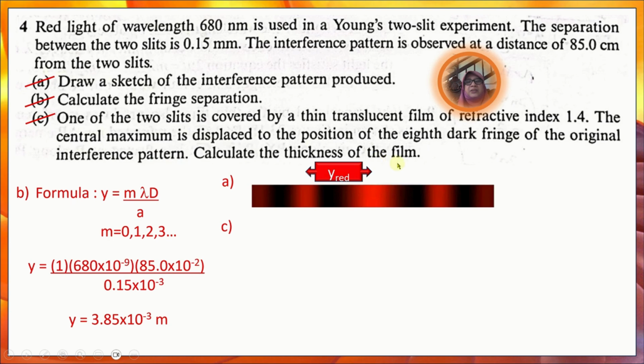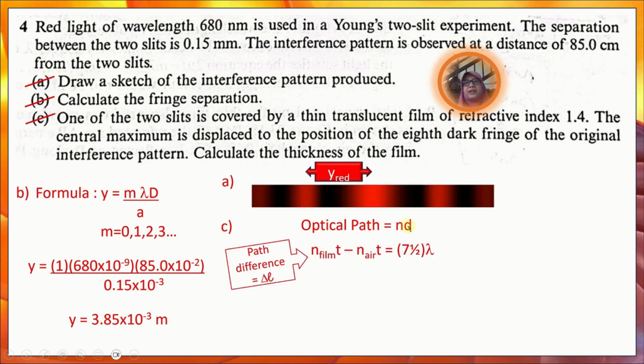Calculate the thickness of the film. So now we put a thin film over one of the slits. Since the refractive index is given, we can use optical path. The optical path formula is n times d, where n is the refractive index and d is the distance the light travels.